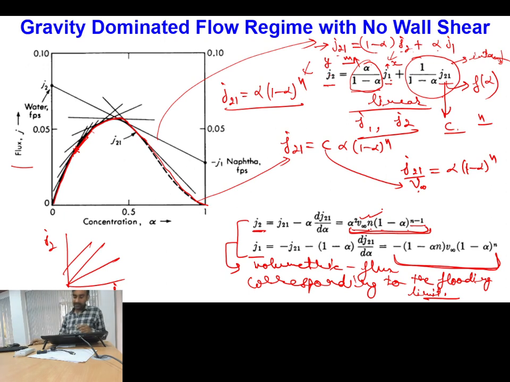Then take the help of these equations J2 and J1 along with this equation, of course this is applicable everywhere, and then give me the outcome: what will be the value of C and N when we are deriving the master curve from the data of the flooding point.